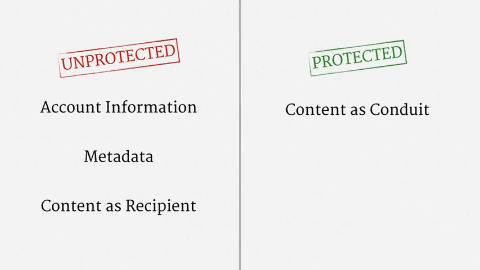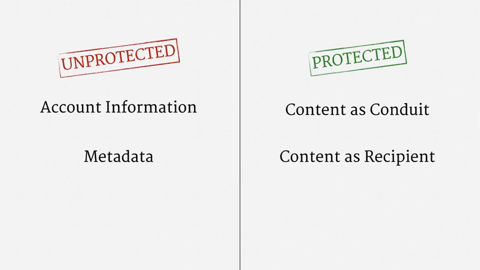The new view of the Fourth Amendment is that stored content is protected. So, the content as recipient category, that is, where a person volunteers content to a company for the company to hold on to, slides over from the unprotected column to the protected column. The leading case in this area is United States against Warshak, handed down by a panel of the Sixth Circuit in 2010.